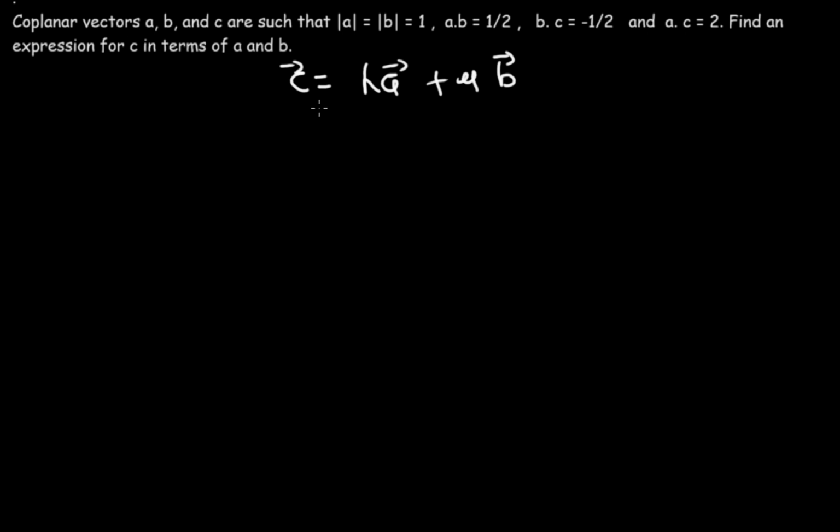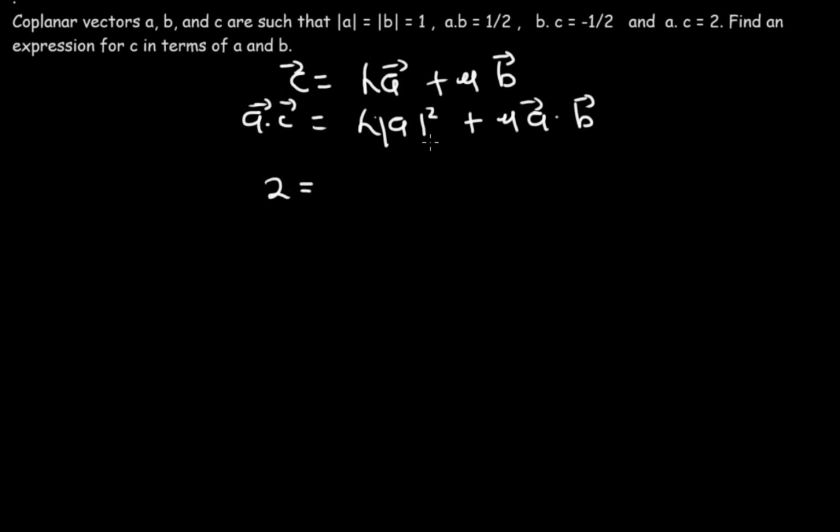From this equation, we can dot both sides by A. So we have A dot C, which is equal to lambda times the magnitude of A squared, plus mu multiplying A dot B. Now, the dot product is commutative, which means that A dot B is equal to B dot A. That's just by the way. We've been told that A dot C is 2, so on the left we have 2.